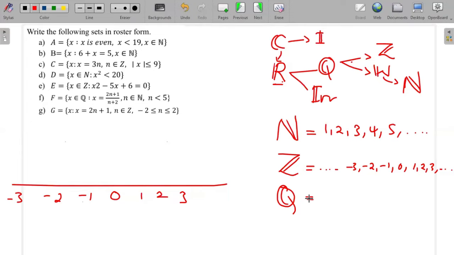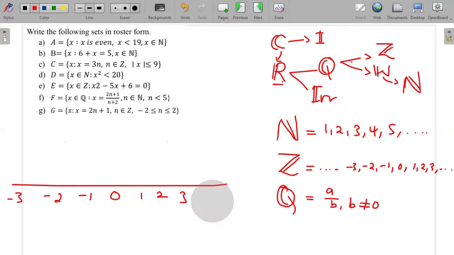Any number that can be represented in the form a over b, where b should never be equal to 0. That's what we call a rational number. For the other numbers, you can watch that video. It's detailed, but for this one, I think these are enough for us to solve whatever we are seeing here. So any number that is in the form of a fraction is rational.